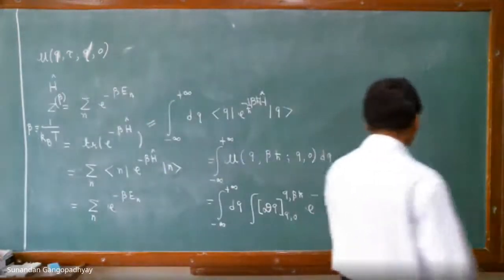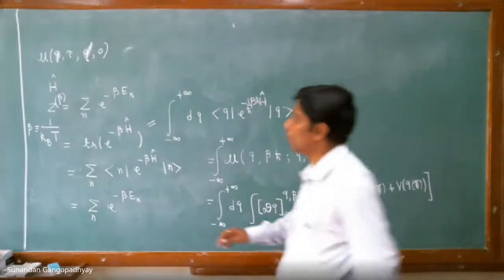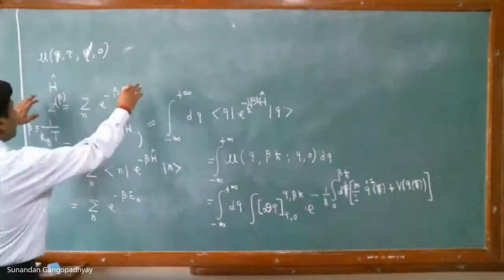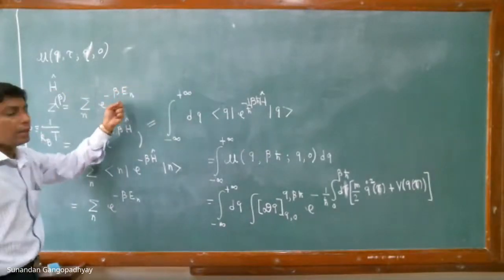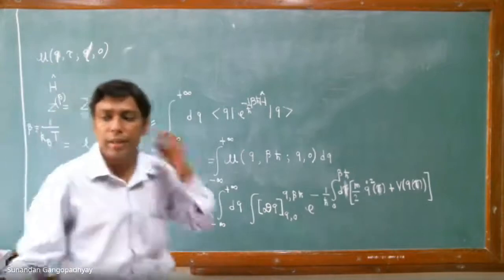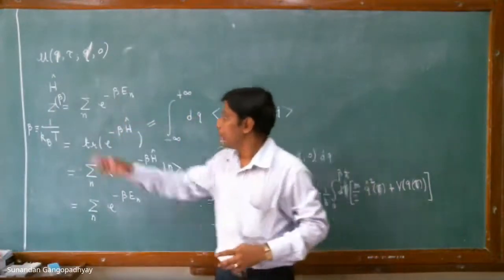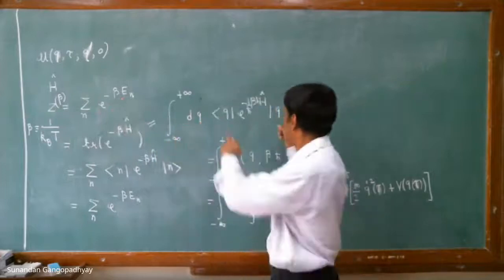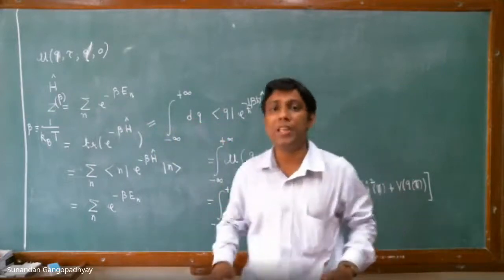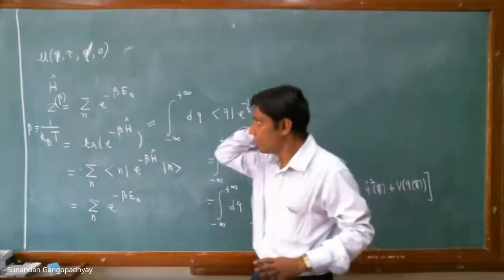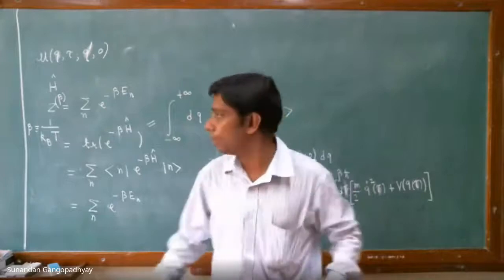But now you can make an important interpretation. This is the partition function of a system, and here there is no time. There is only temperature. Since we are considering one spatial dimension, this is the partition function of a one-dimensional system.